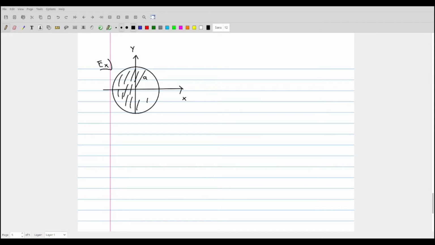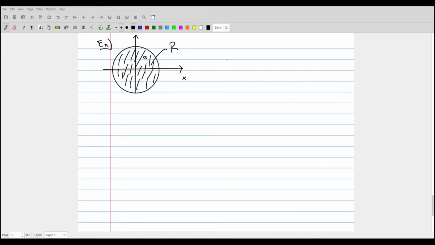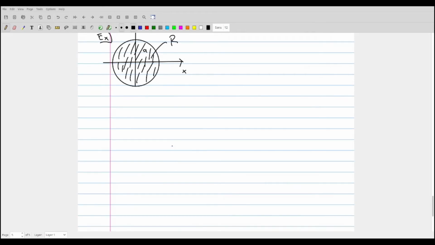We want to get an exact expression for the area of this region. So we know that the area of any region is given by the double integral over that region of the function 1.